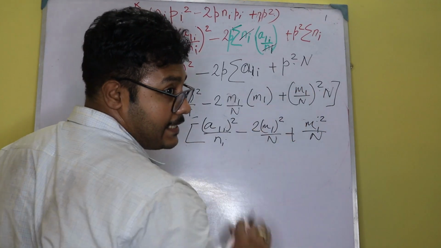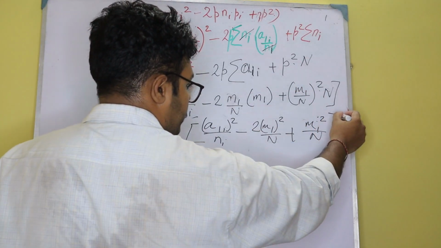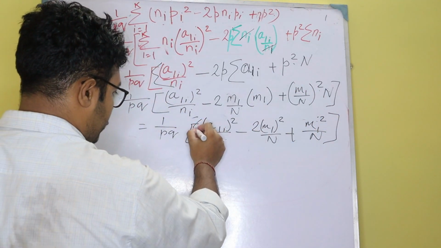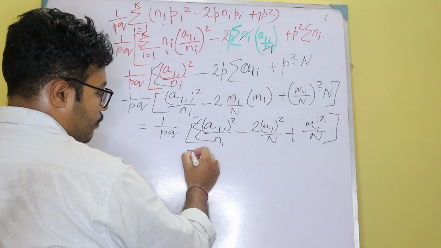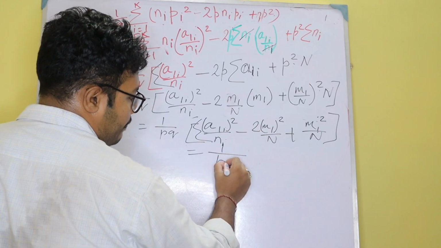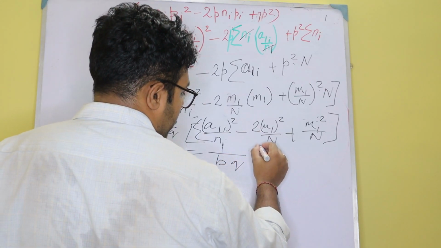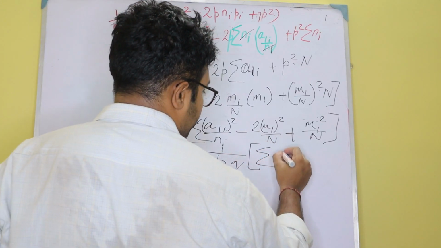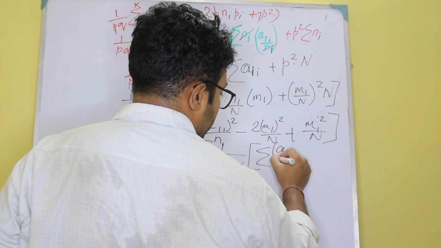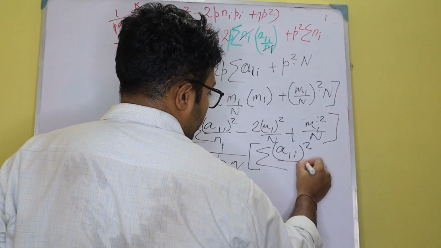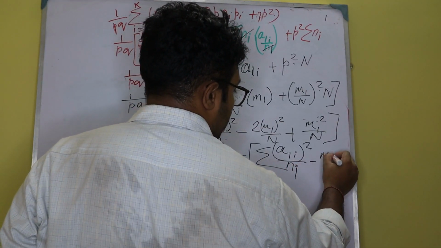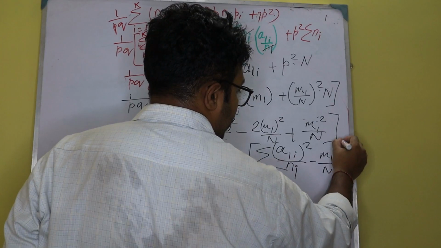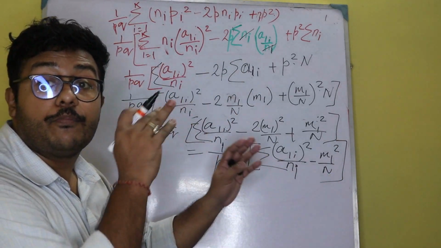This will cancel out, right? And there it will be a summation. If we break this further, what we will get is 1 by p cube into summation of a1i whole square by ni minus m1 whole square by n.